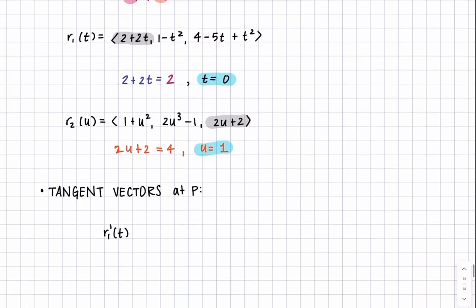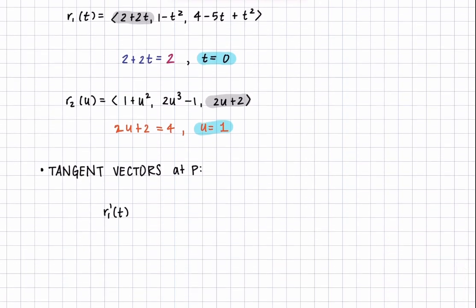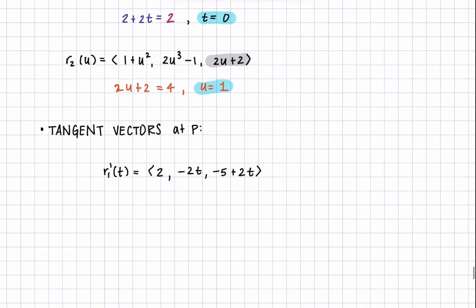So for the derivative of r1(t), it's going to be (2, -2t, -5 + 2t). And then for r2 prime of u, it's (2u, 6u squared, 2).